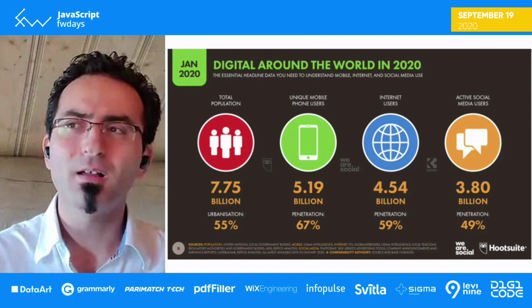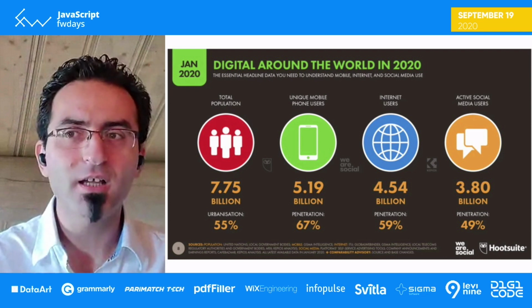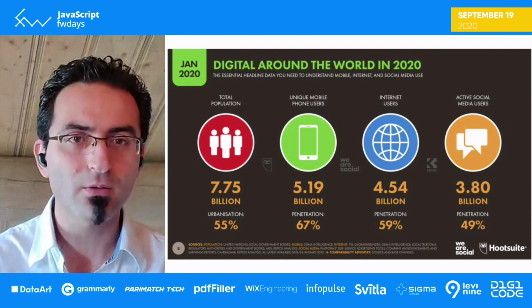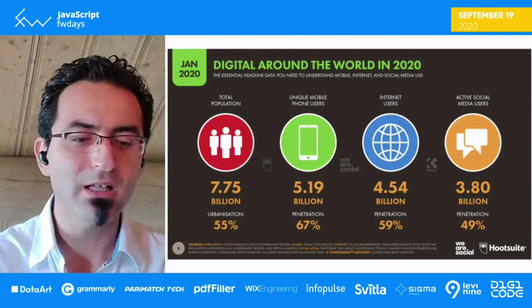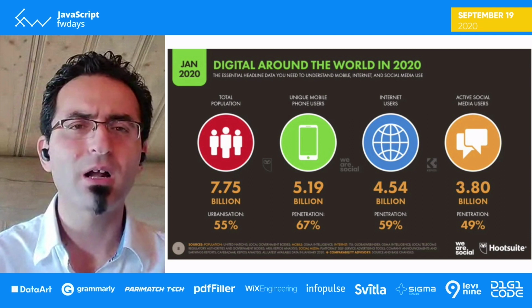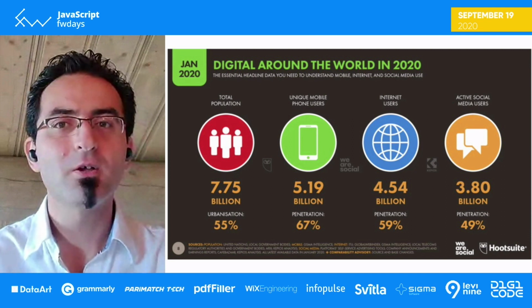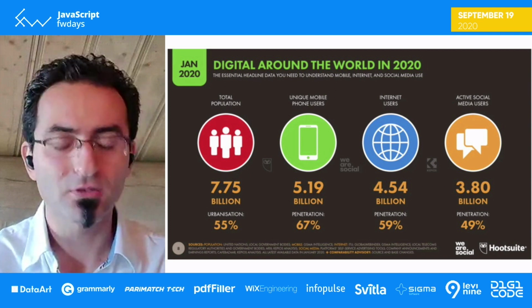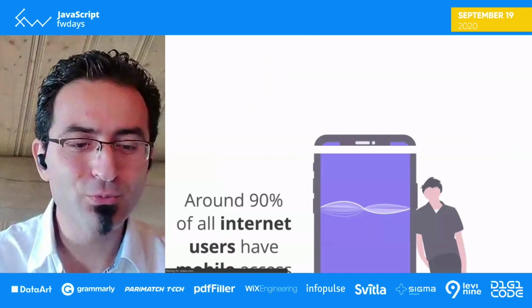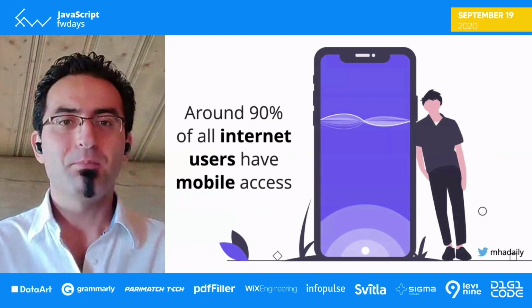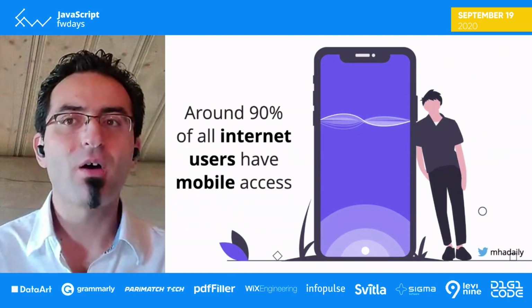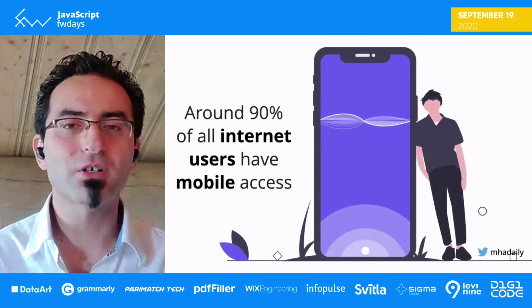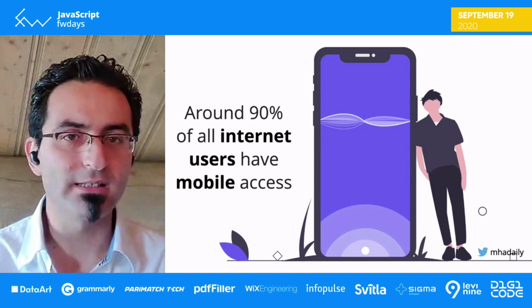A few months ago I looked for a new statistic, and I realized that around 9 to 10% more of the population compared to 2 years ago are online. And surprisingly, around 90% of these users are connected via mobile devices.